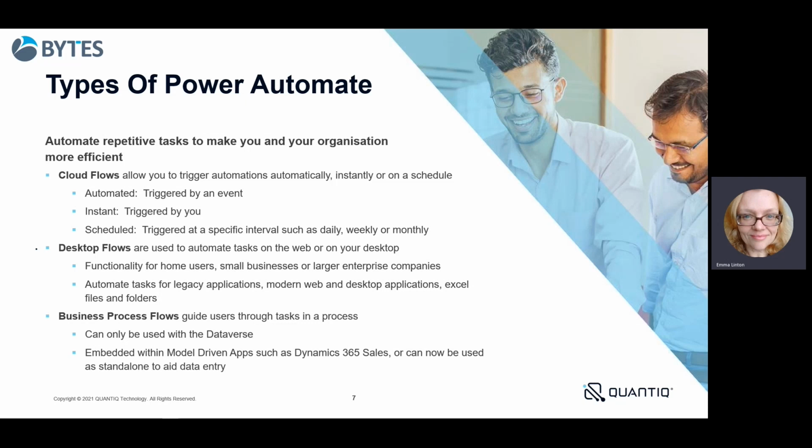Next, there's desktop flows. So desktop flows are used to automate tasks on the web or on your desktop. They're basically aimed at automating things where there is no connection. So this might be a legacy application or an application that's sitting on your computer or on a server. If you want to connect those things with a modern web application, you would use a desktop flow to do that.